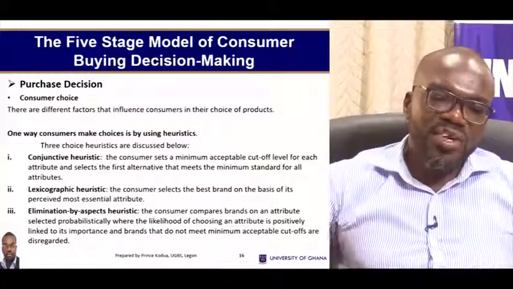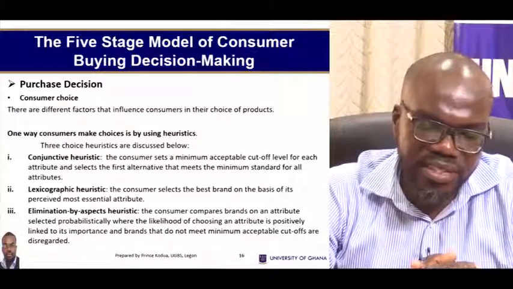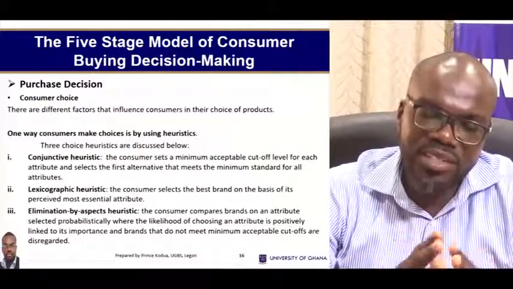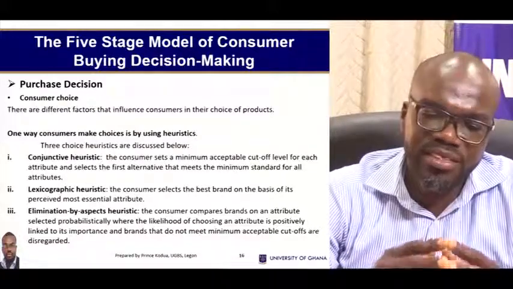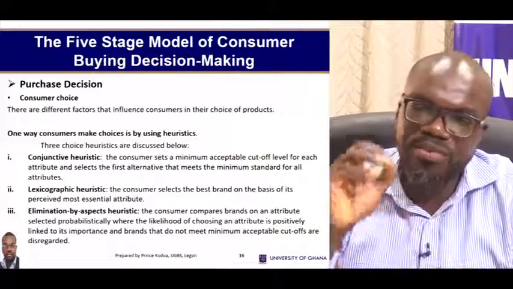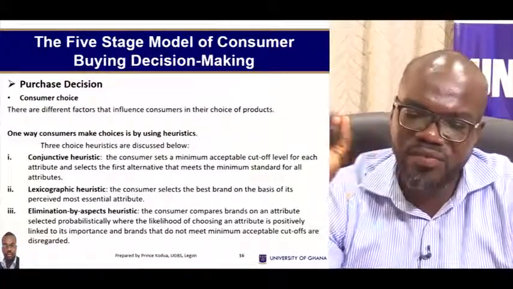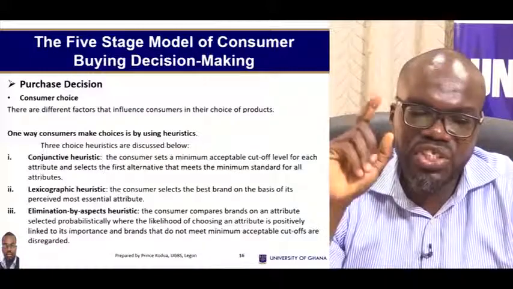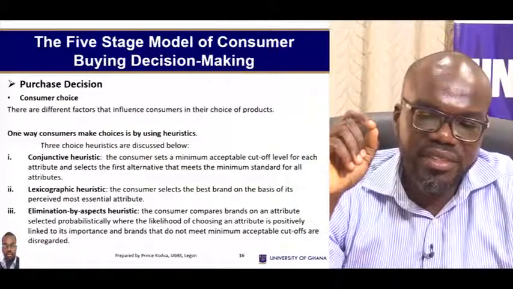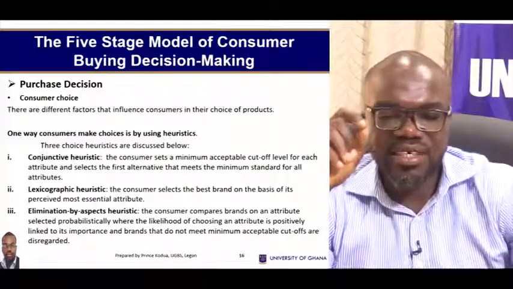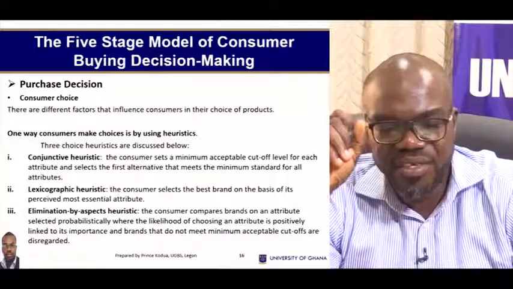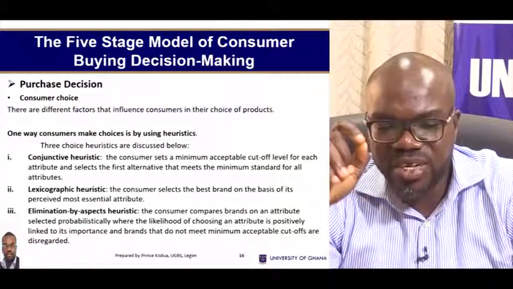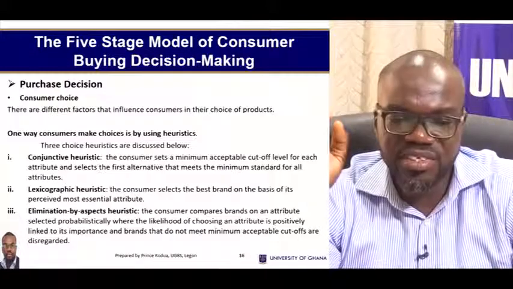We can talk of the conjunctive heuristic. Here, what are we saying? We are saying that the consumer sets a minimum acceptable cutoff level for each attribute and selects the first alternative that meets the minimum standard for all attributes.